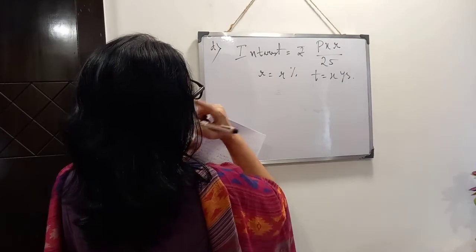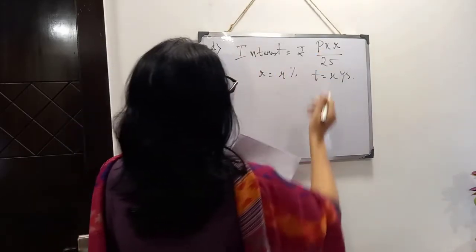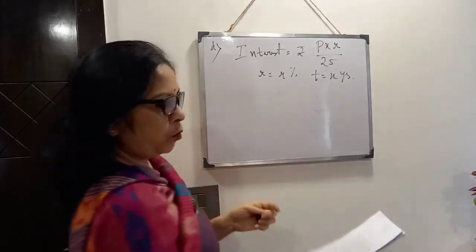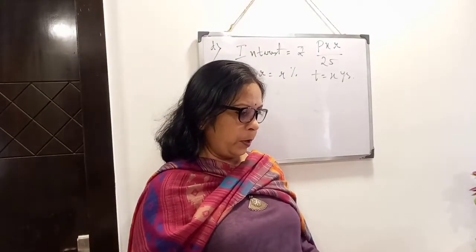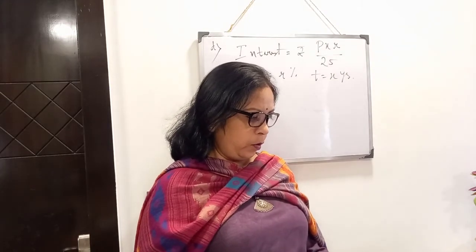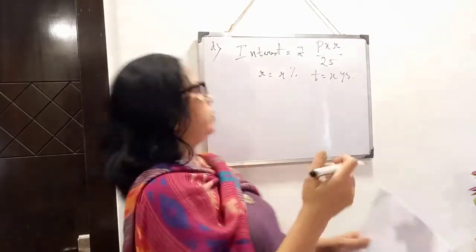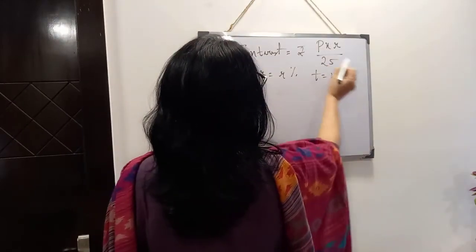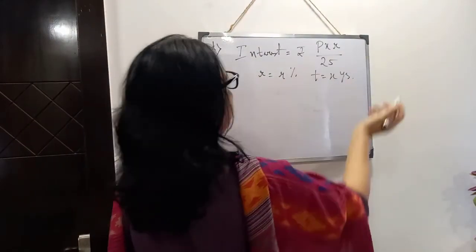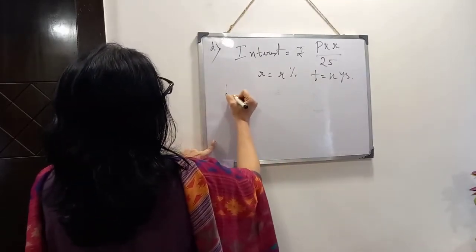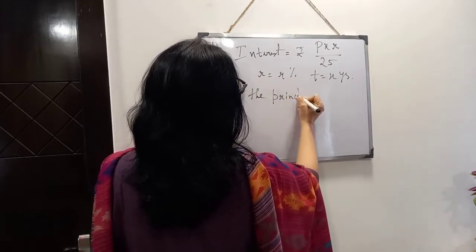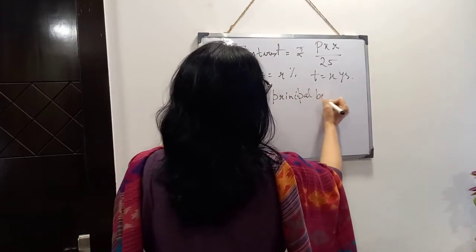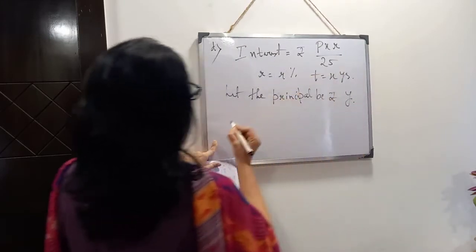Here, as the interest is given, we will consider let the principal be y. Okay, don't take principal as p, because for calculation it will be a problem. So here we consider let the principal be y. Except x, r and p, any other variable we can consider. So let the principal be rupees y.